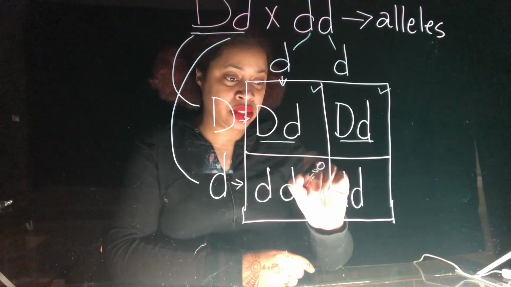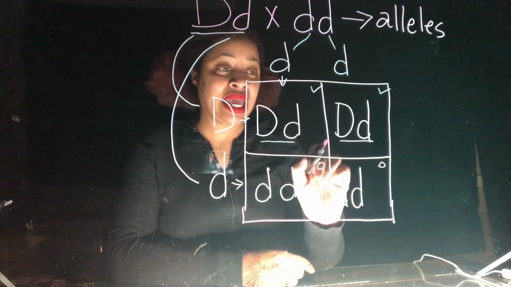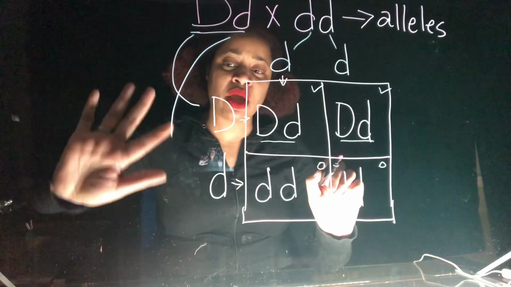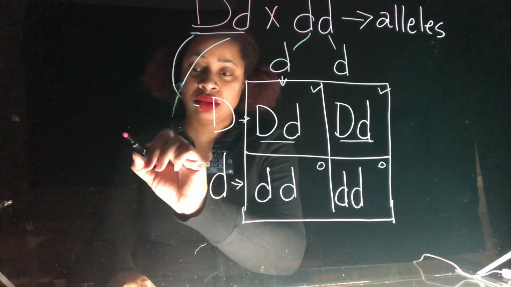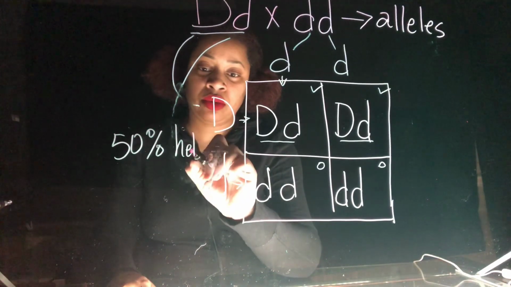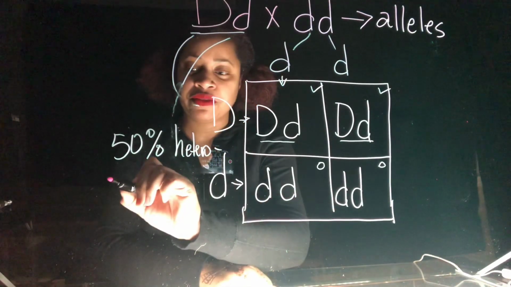And then these 2 are alike, right? So I know that I have 50% of my offspring that are heterozygous. So 50% are heterozygous. And then I have another 50%.